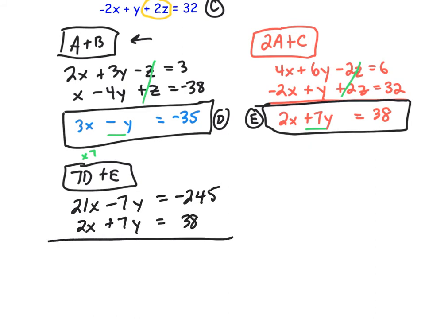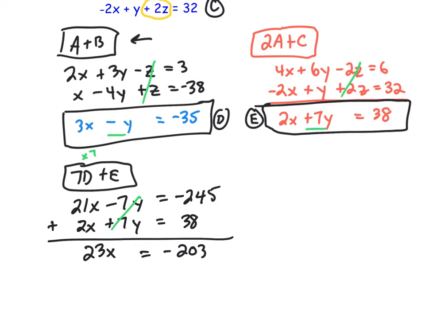Now, if I add these two together, 21x plus 2x is 23x. The y's will cancel out, plus 7y minus 7y. And then negative 245 plus 38 would be negative 203.